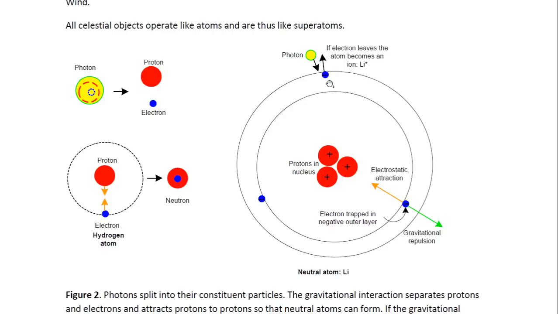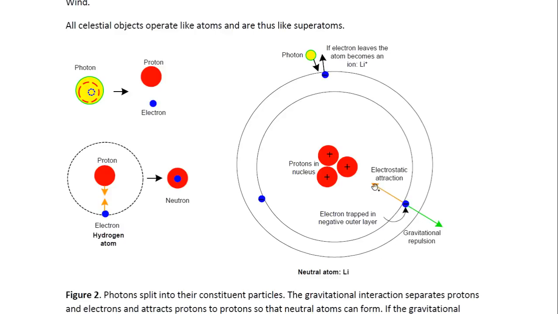When it absorbs a photon, this electron would tend to move away from the nucleus because the gravitational interaction becomes stronger, so it will be more strongly repelled by the protons in the nucleus. And we can see here the two forces again. These are the two forces that keep the electrons trapped in a region outside the nucleus.